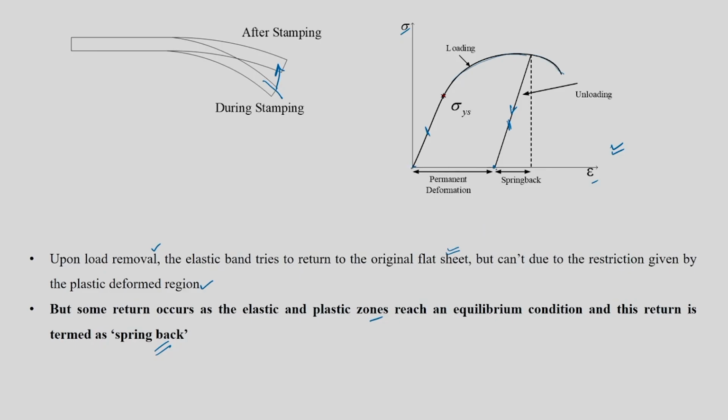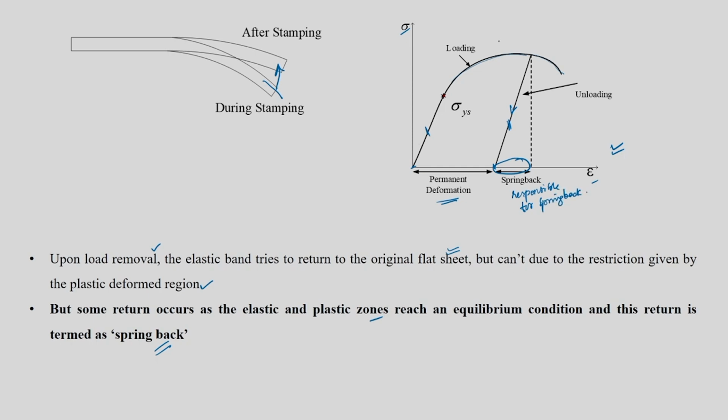From this to this, if you measure, this would be the permanent deformation. The remaining one is actually responsible for spring back. So schematically, this way we can explain what spring back is with respect to the stress strain graph.